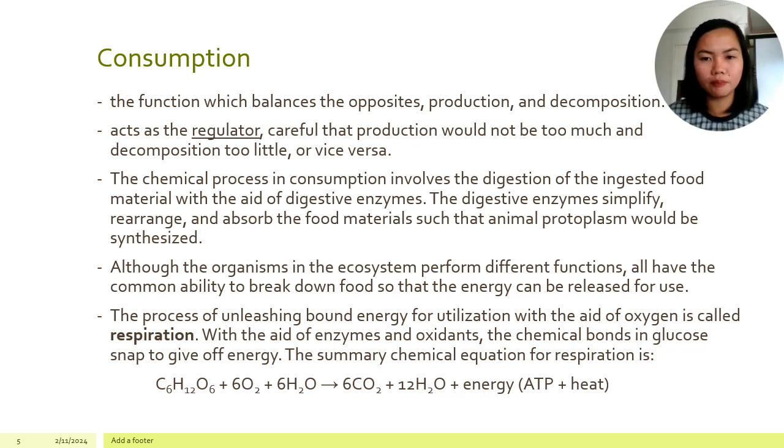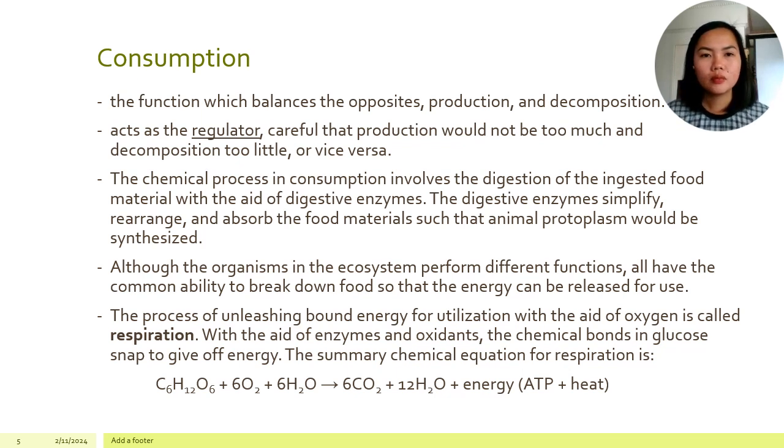The first part, which is the decomposition part of consumption, is the digestion of the ingested food with our digestive enzymes. Now, the building of protoplasm, or any cells, muscles, bones, or whatever it is in our body, that is the production part of the consumption.